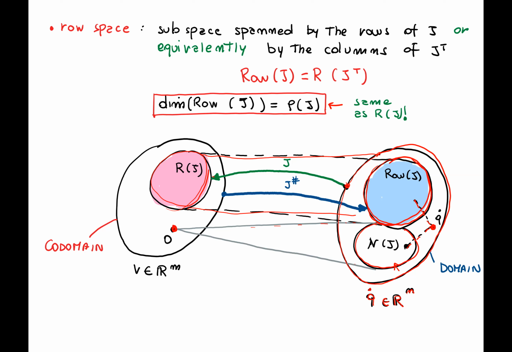And if we want to do the inverse mapping, in the range space we have the task velocities that live in the task space, R^m. The range space contains all the task velocities that are physically realizable.